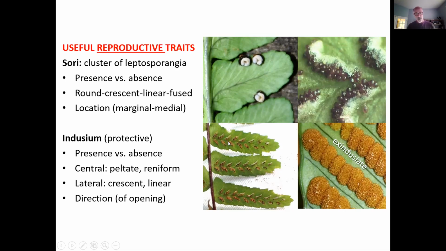They open towards the midvein rather than towards the margin. So by paying attention to three things: shape of the sorus, does it have an indusium or not, and what is the orientation of the indusium, if it's there, really will get you really fast to a genus, not to a species, but to a genus for sure.